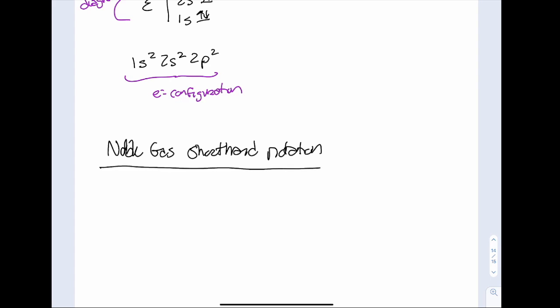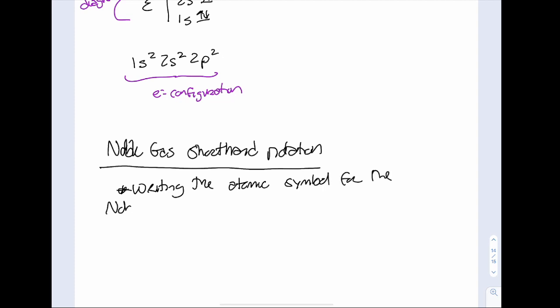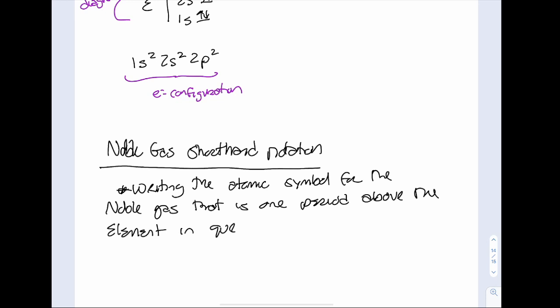So essentially what we're doing is you're writing the noble gas, or the atomic symbol, we should say, for the noble gas that is one period above the element in question, in brackets.